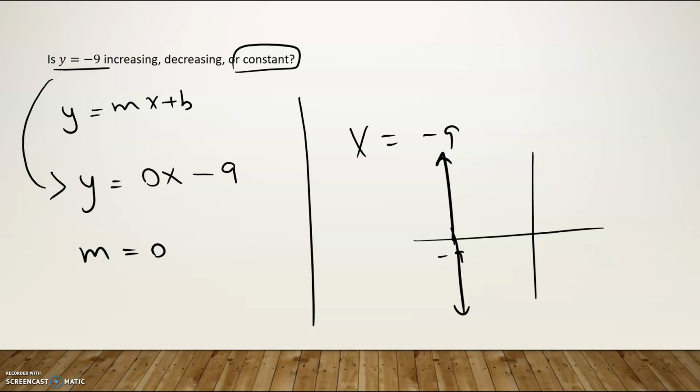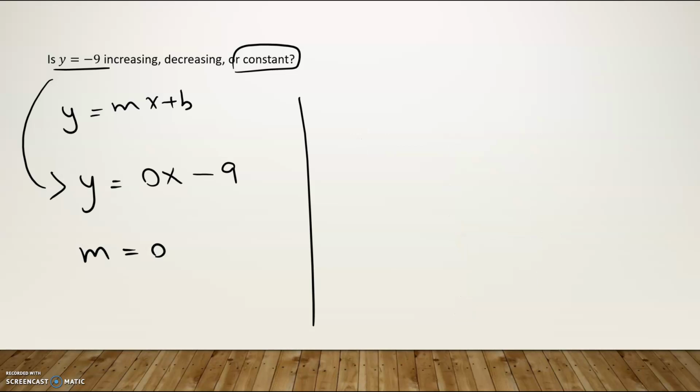Well, since this is a vertical line, it crosses the points here, here, here, here, here, it fails the vertical line test, so it's therefore not a function. So we can't say, is it an increasing, decreasing, or constant function? Because it's not a function at all to begin with. So just be careful when x is equal to something. That's not even a function.